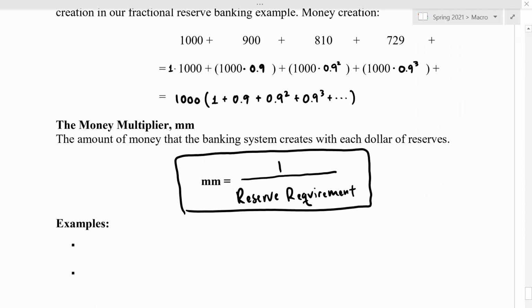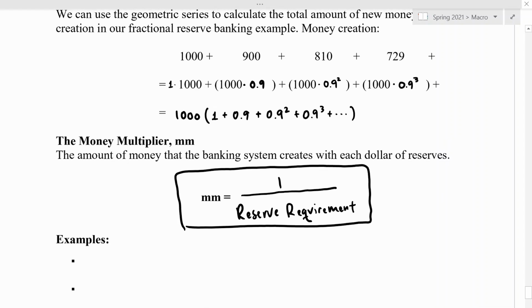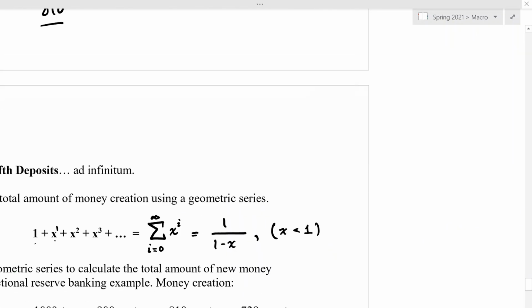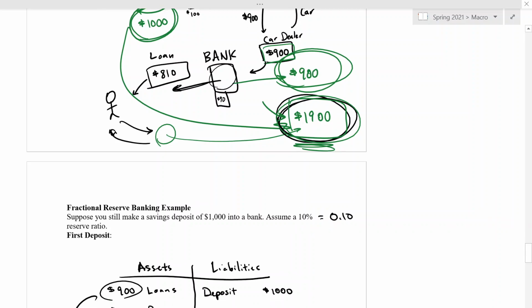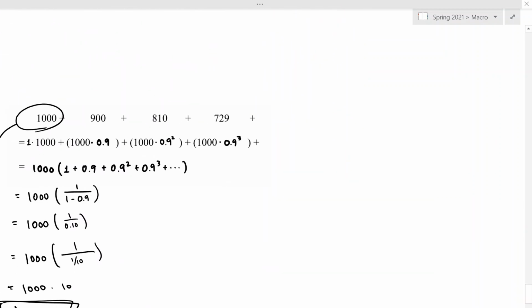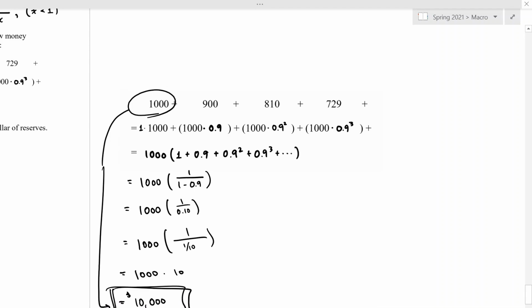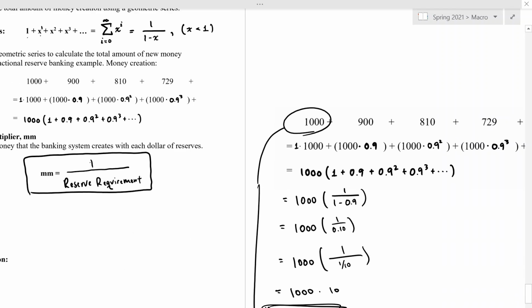So a couple examples there. What was the reserve ratio in our case? If you recall, it's 10%. 10% equals 0.10. What do we have down here? 1,000 times 1 over 0.10. That is the reserve requirement right there.